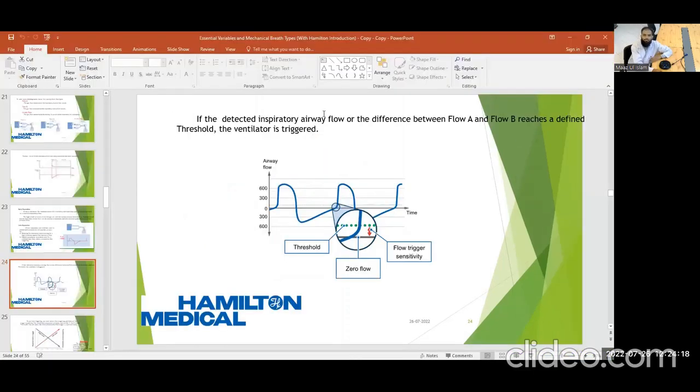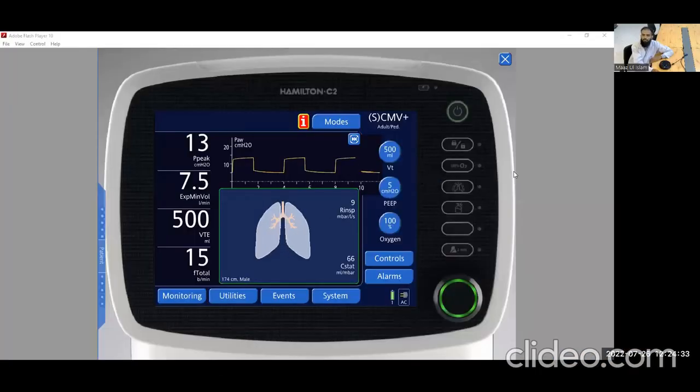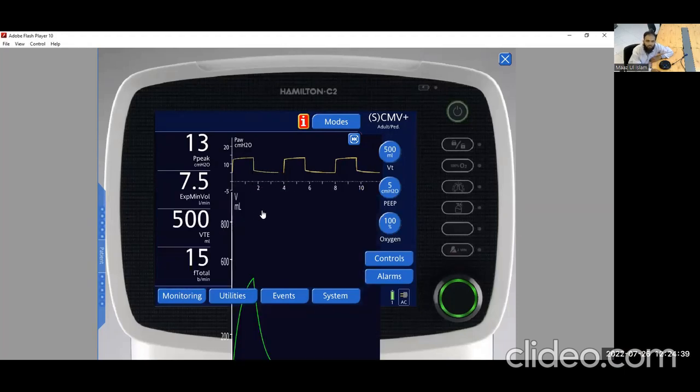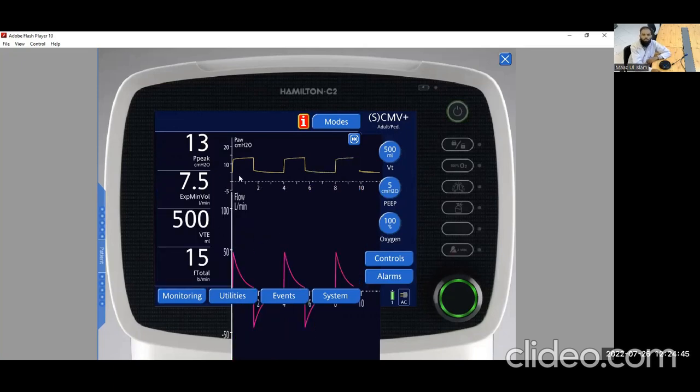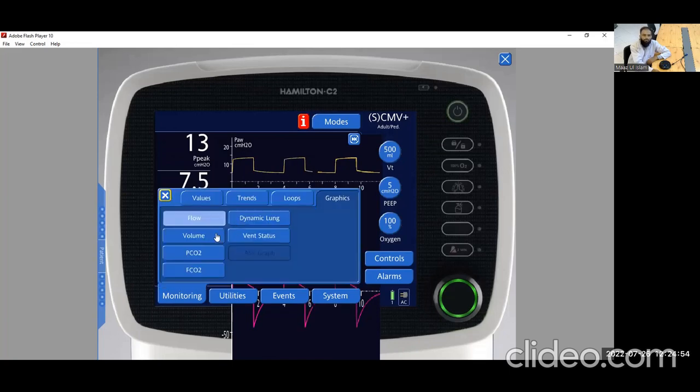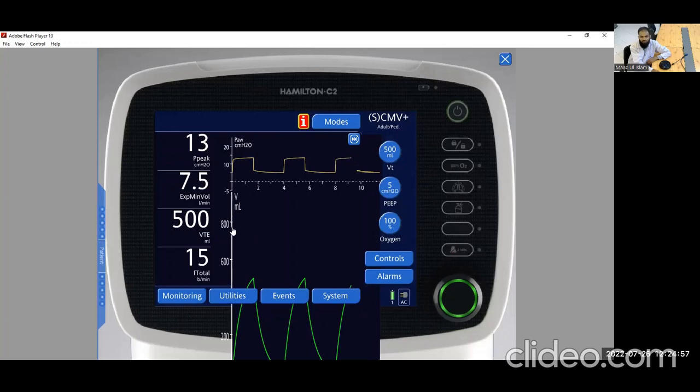Let's see here, I'm sharing a ventilator simulation. This is the pressure time graph, and this is the flow time graph. And if we want to see the volume time graph, this is our volume time graph.